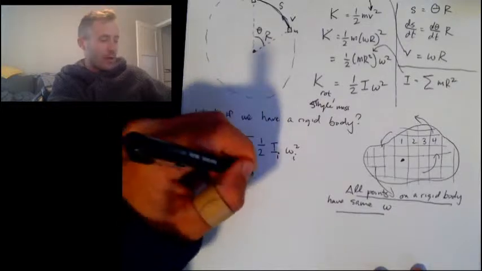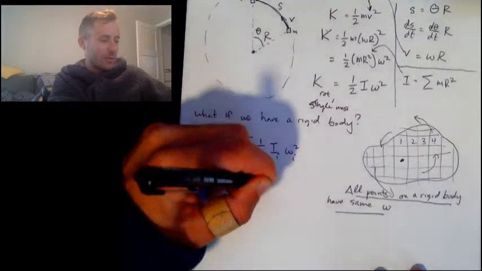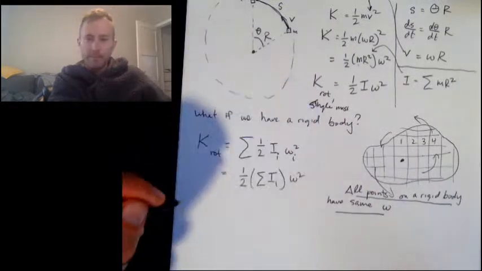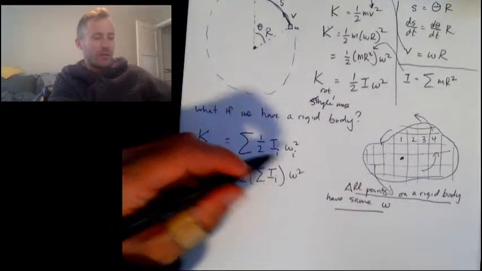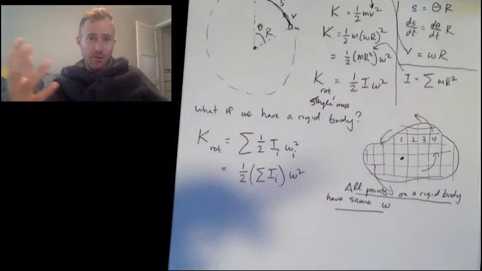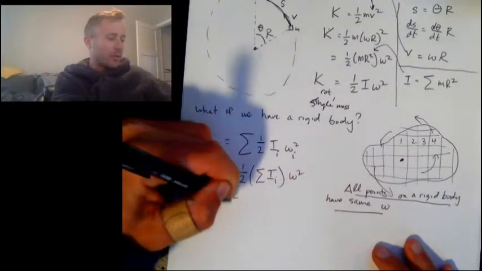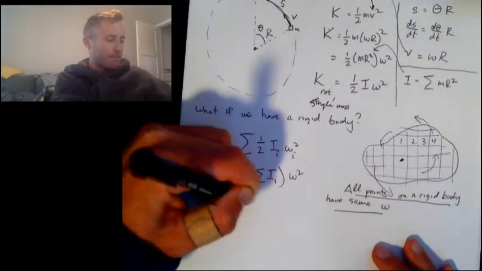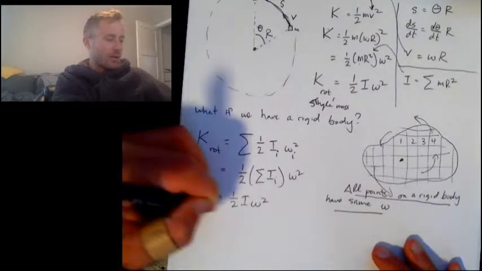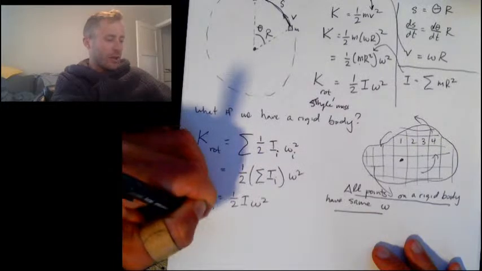So I get 1/2 times the sum of the rotational inertias times omega squared. All right? Now the sum of these individual rotational inertias is just the rotational inertia of the entire thing. So we get the same formula. 1/2 I omega squared is the rotational kinetic energy of a rigid body.